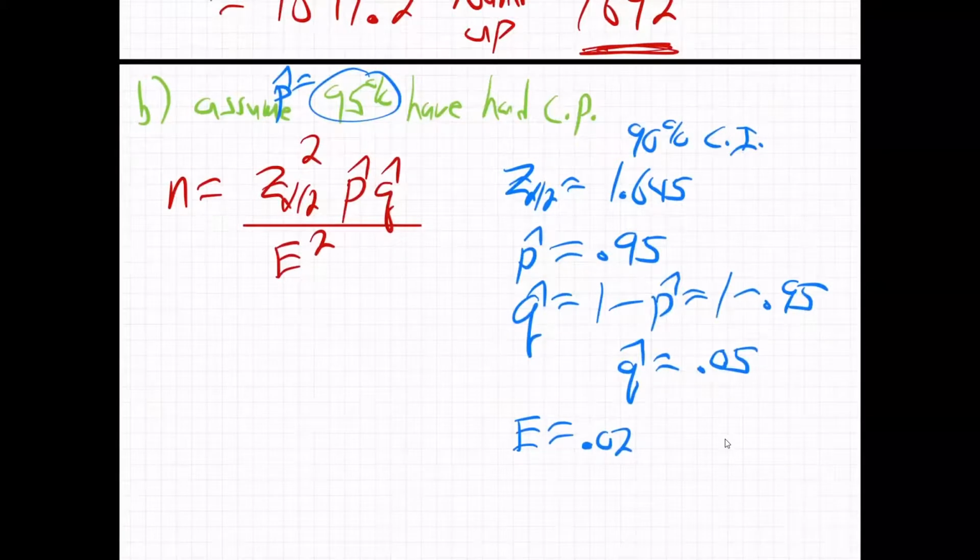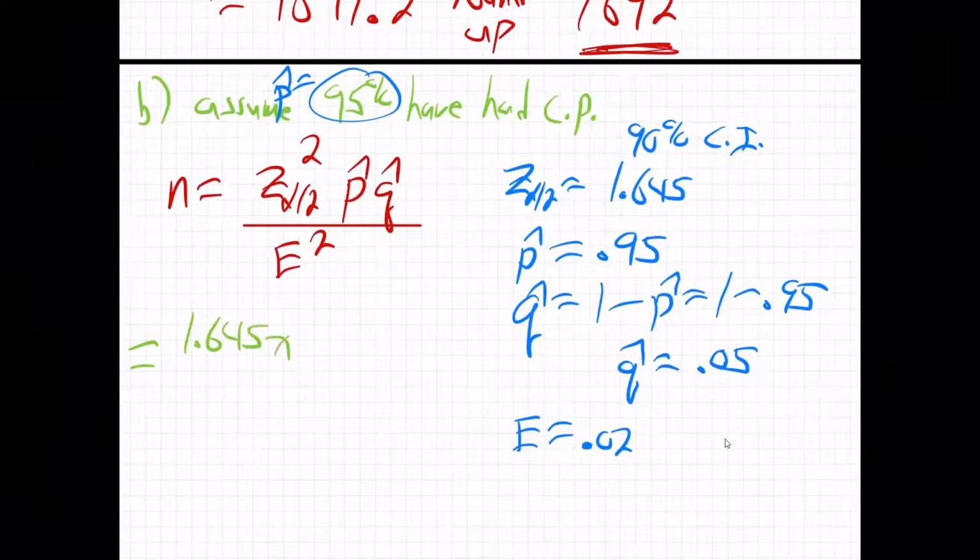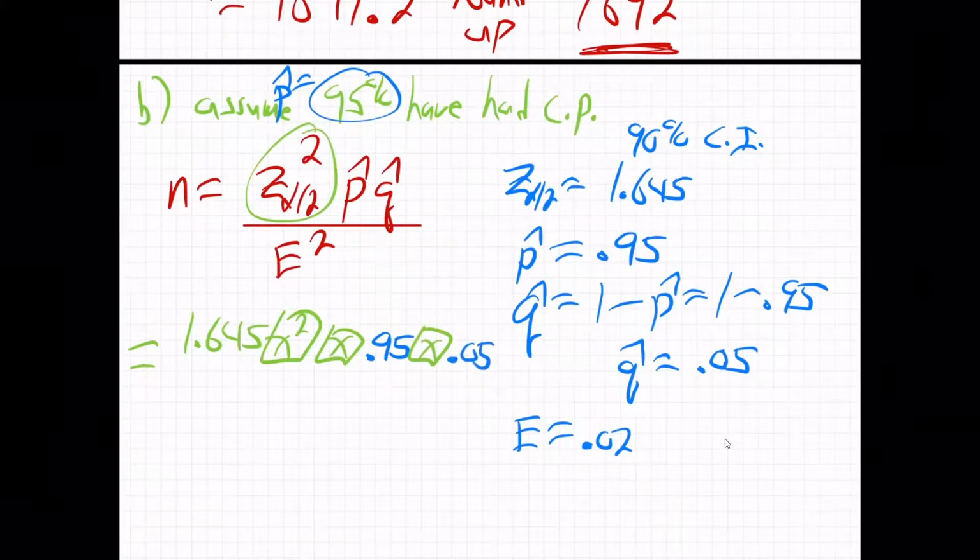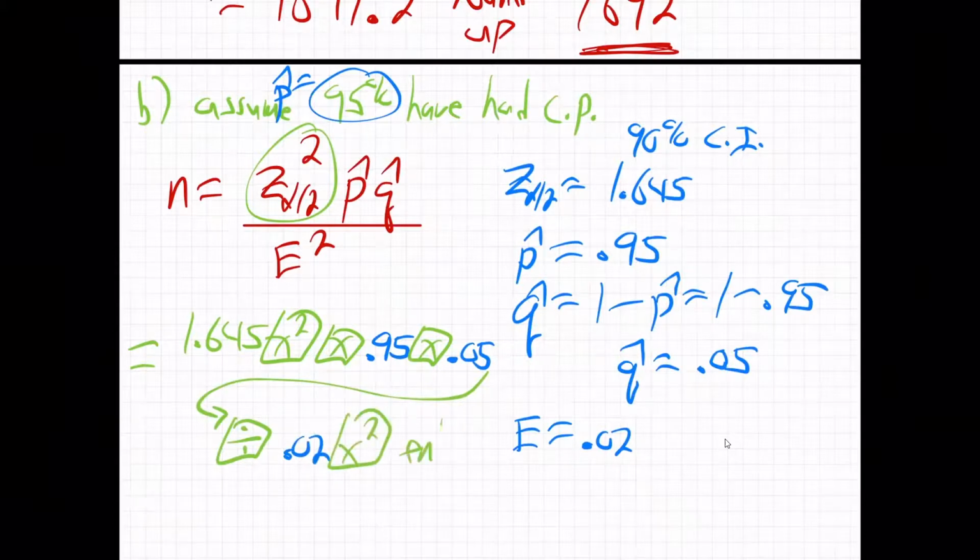So now I'm going to plug in 1.645 and hit the x squared button because that's squared, times the P hat, which is 0.95, and times the Q hat, which is 0.05, and then divide by the error, which is 0.02, but then you got to hit the x squared button because it's squared, and then hit enter.